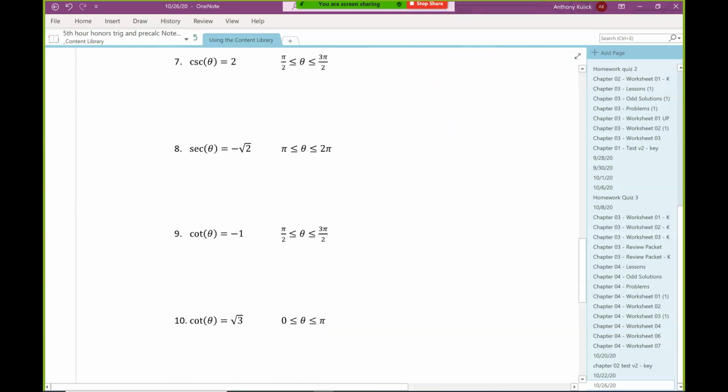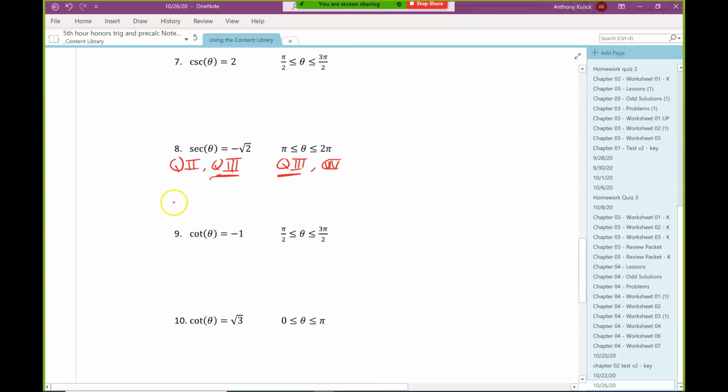Okay. So secant is going to be negative the same place where cosine would be negative because they're reciprocals of one another. So cosine is negative where the x-coordinate is negative. That's quadrants 2 and 3. And then pi to 2 pi is quadrants 3 and 4. So we're going to be looking in quadrant 3 for our answer.